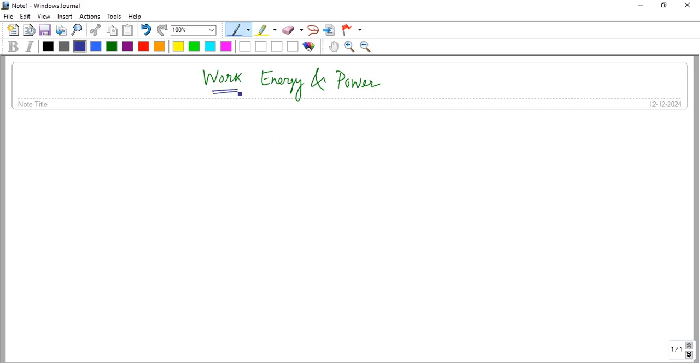Work is said to be done when a force is applied and the body gets displaced in the direction of the force. That's very important. Suppose let's draw some object resting on a tabletop.